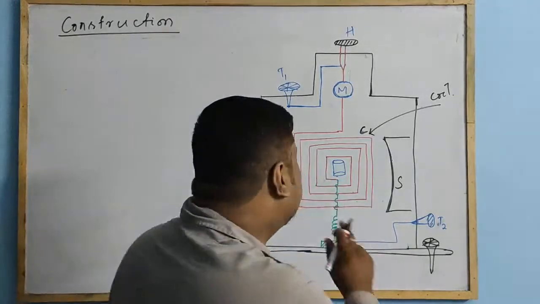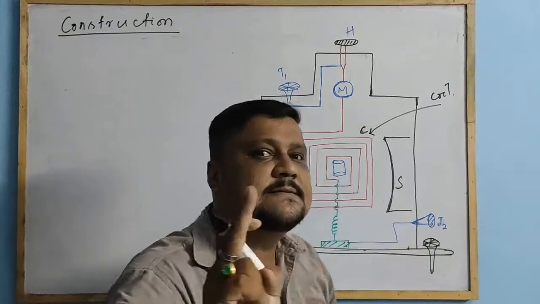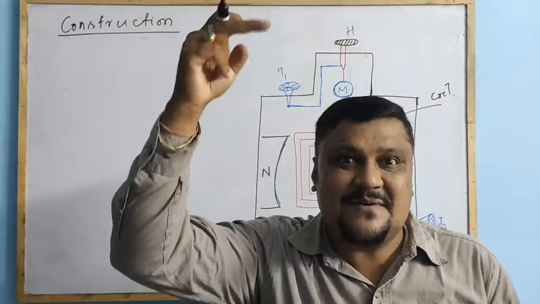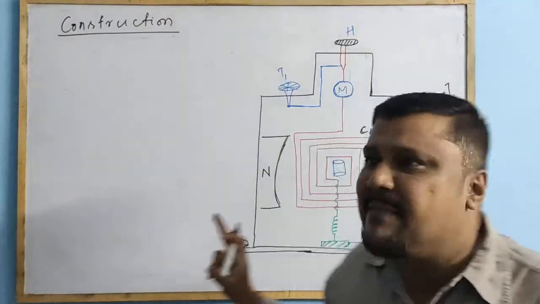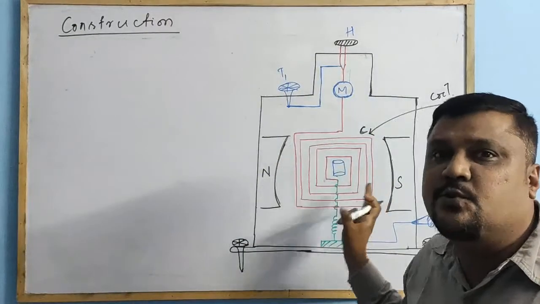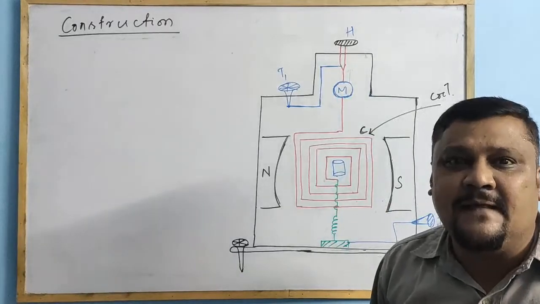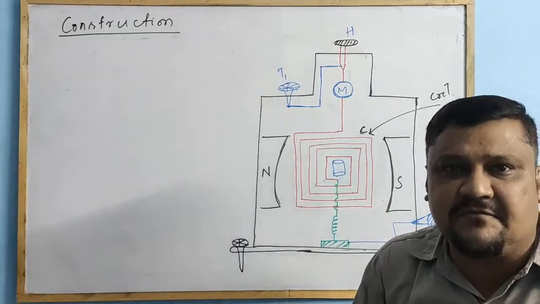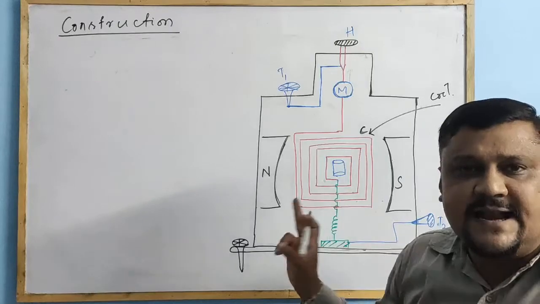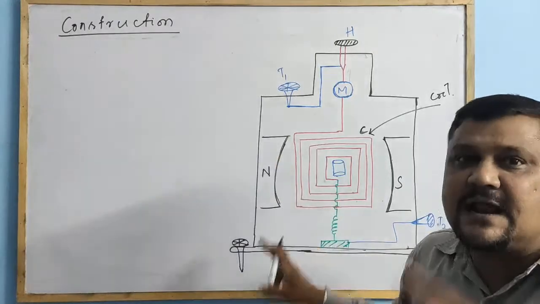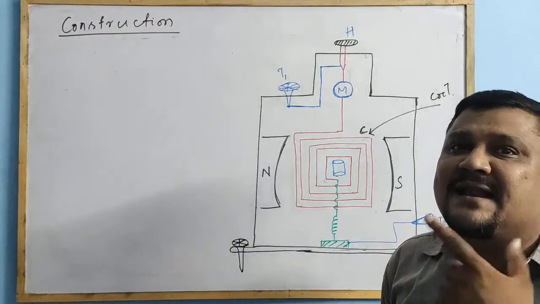What is the meaning of these cylindrical magnetic poles? When we discuss the theory part, the cylindrical magnetic poles give you a radial magnetic field. The poles are taken cylindrical because they give a radial magnetic field.